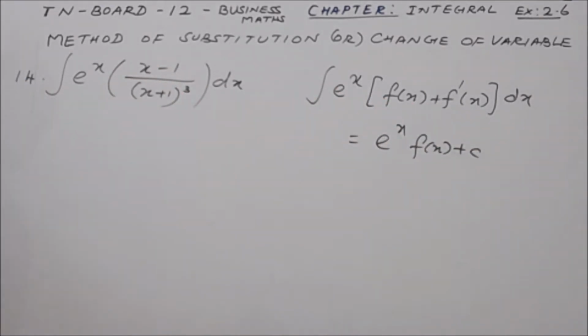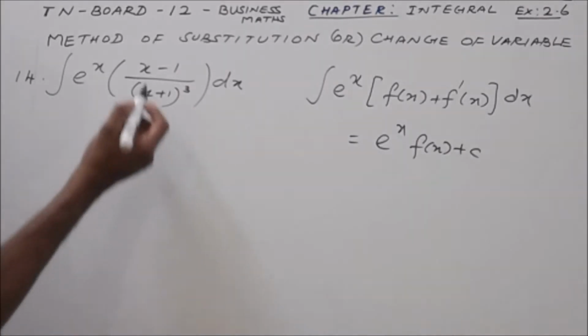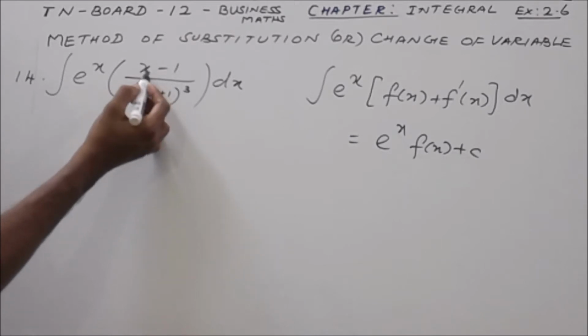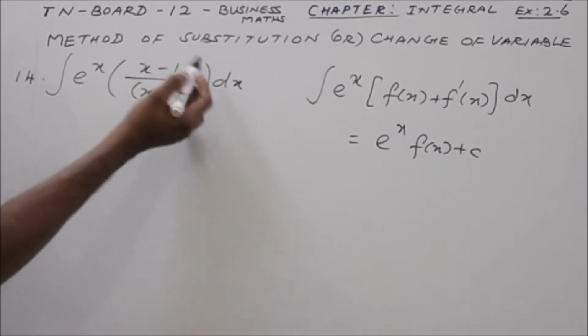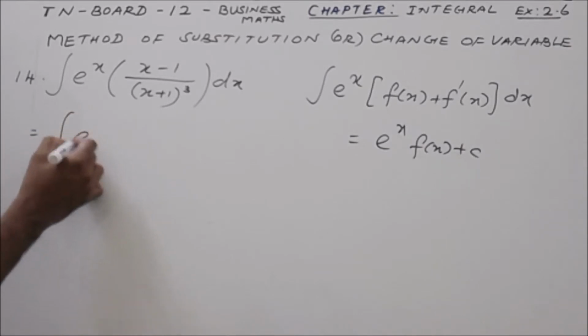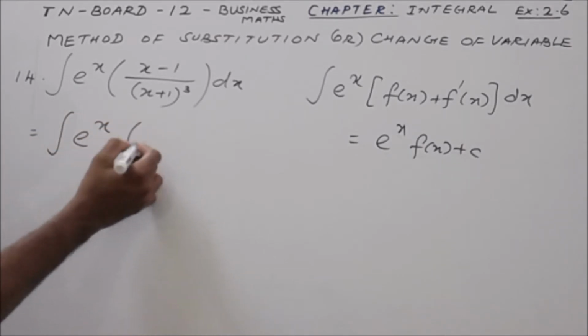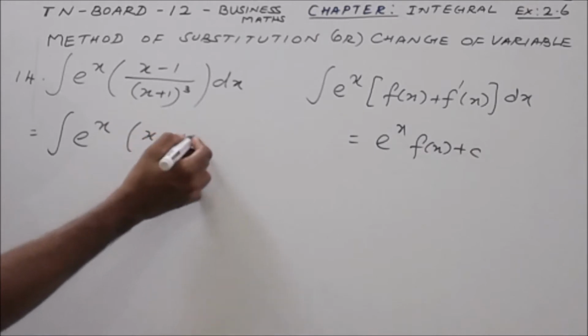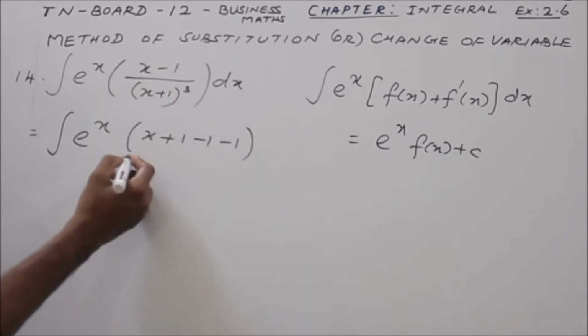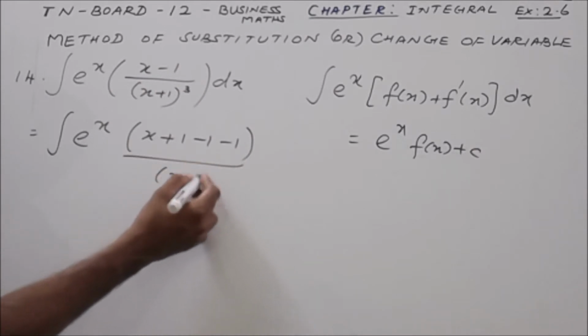For that purpose, listen carefully. I have to add 1 in the numerator and subtract the same value here. Equal to integral e power x, and add and subtract: x plus 1 minus 1, and then again one more minus 1 here, divided by x plus 1 whole cube.